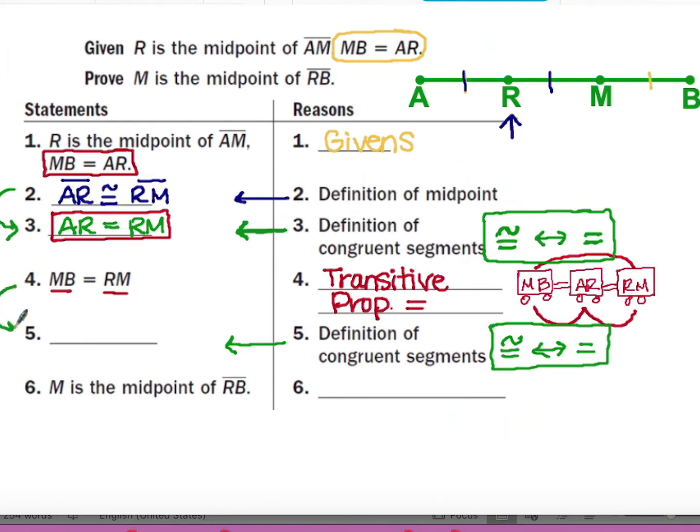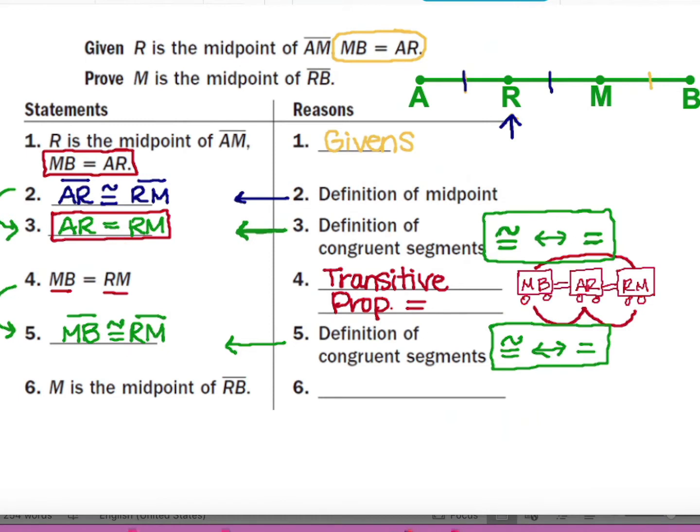So if you look at that previous statement, it was an equal sign, right? So what we're going to do is switch it to the segments are congruent to one another. So things got switched to equal signs, and then they got switched back to congruent signs.